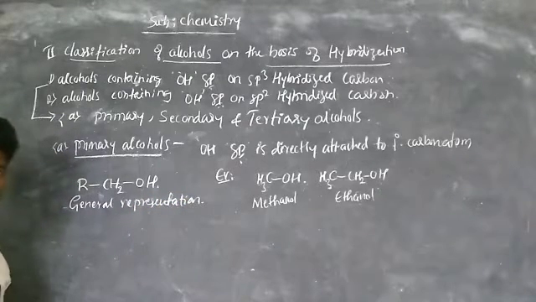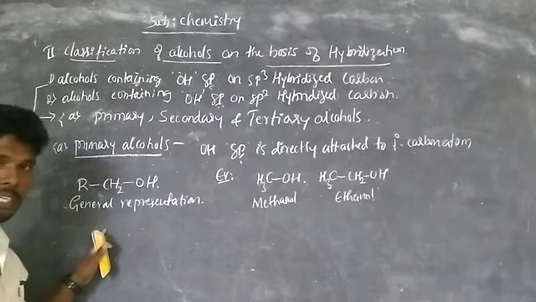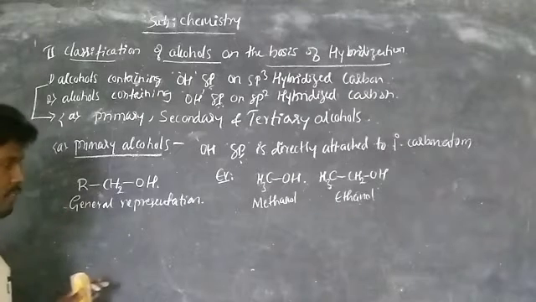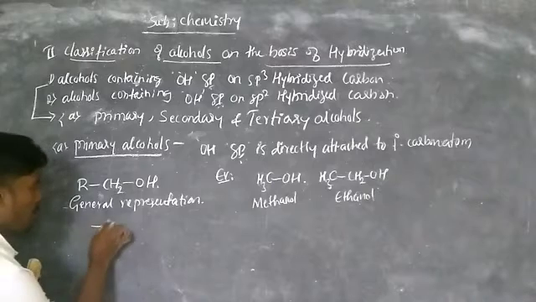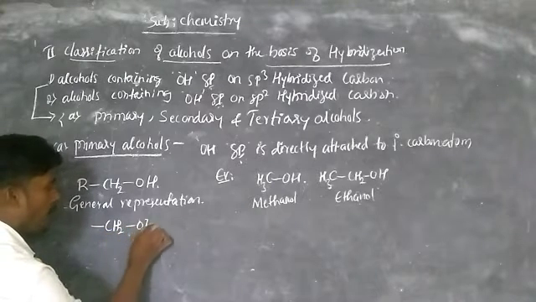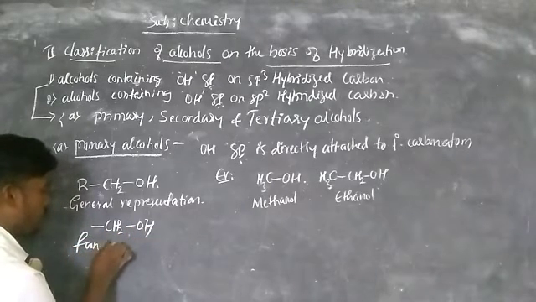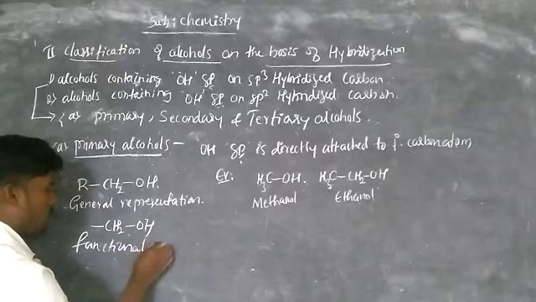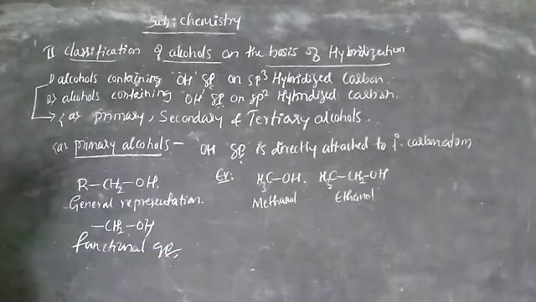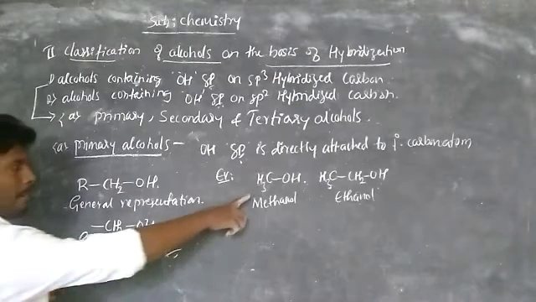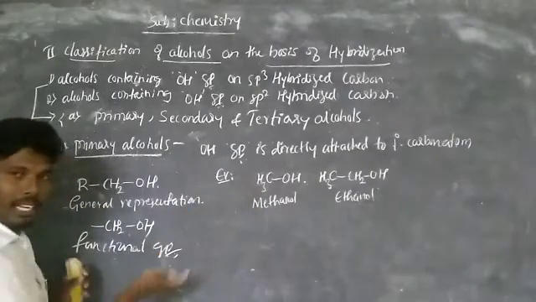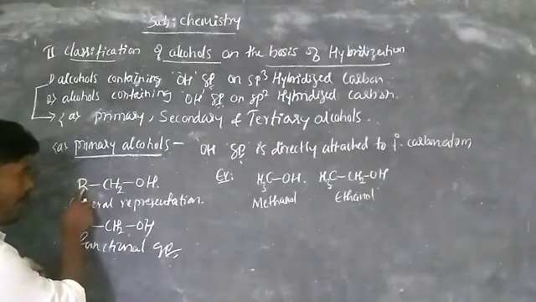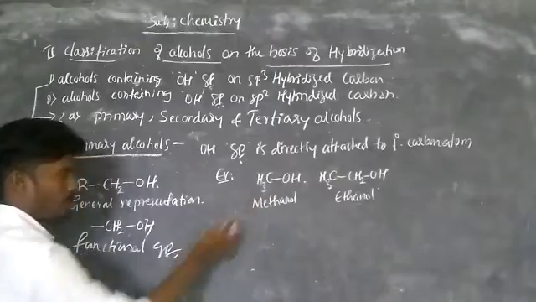General representation of primary alcohol, this one, and the functional group of this primary alcohol is bond CH2 bond OH. This is the functional group. Then observe the examples. In place of R, either you write hydrogen or any other groups. If you write hydrogen here, you get CH3OH, methanol.